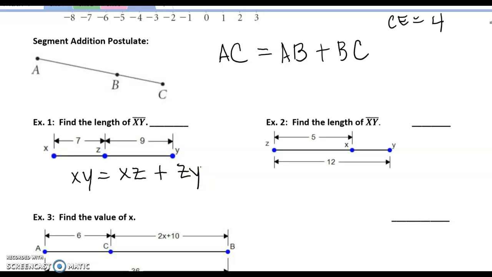Those are the 2 smaller segments that we can add together to make the biggest segment on the picture, XY. To find the length of XY, we substitute the lengths that we know for the 2 smaller segments. XZ is given to be 7. ZY is given to be a length of 9. Thus, that gives us XY a length of 16.